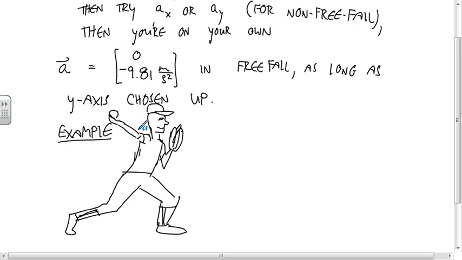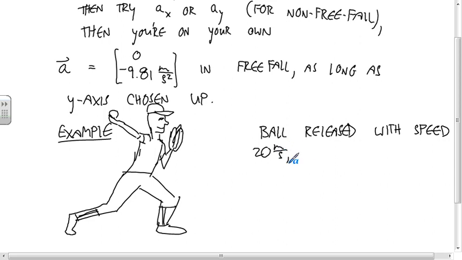Okay, and the ball is released with a speed of 20 meters per second at an angle of 25 degrees above horizontal.